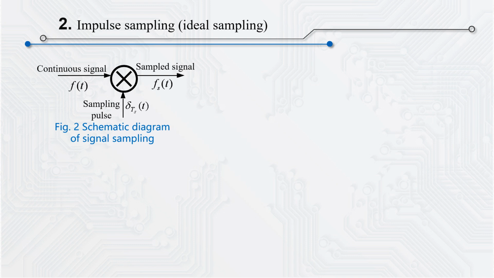Let's look at the ideal sampling. Ideal sampling means that its sampling pulse is δ_T(t), which is a periodic unit impulse sequence. It is assumed that f(t) is a band-limited signal. Its highest frequency is ωm.